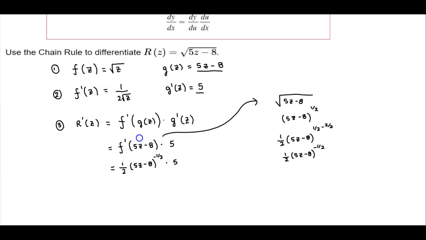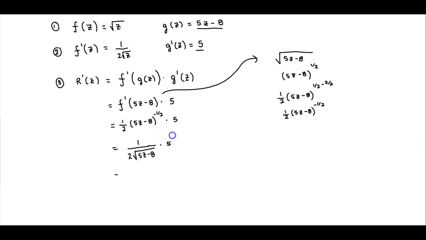So now if we want to rewrite this without the negative exponent, then what we end up getting is 1/2, and then we can write this as the square root of 5z minus 8 times 5.